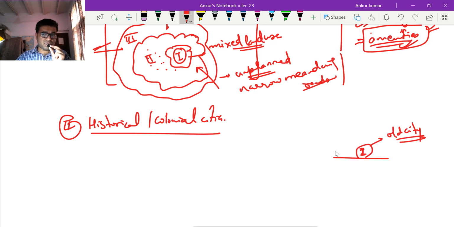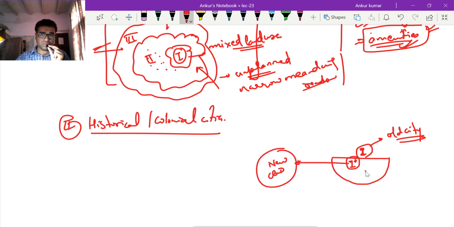This was something similar to the bazaar base, but as the Britishers arrived, they created their own separate nuclei out of this old city. This is the new city, or the new CBD. This was created by the Britishers, and around this new city started the arrival of new migrants.